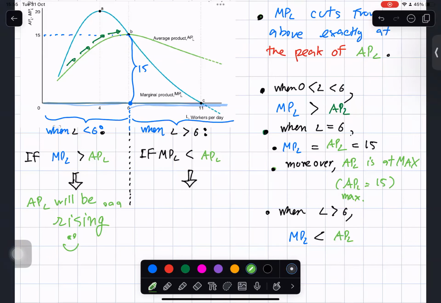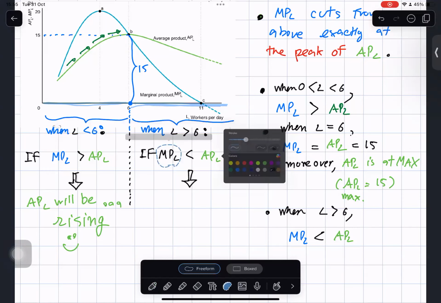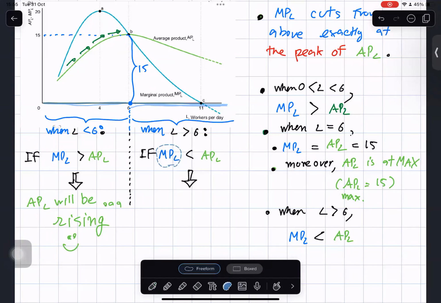But when marginal is less than average, when the blue mountain is shorter than the green, the result is that average will be pulling down, or average product will be falling.